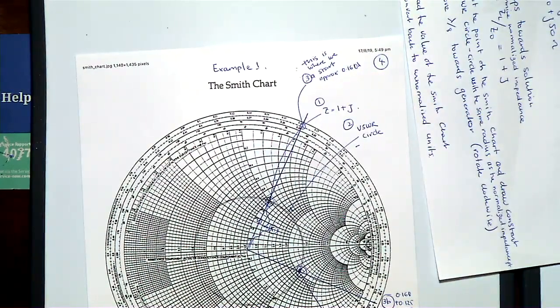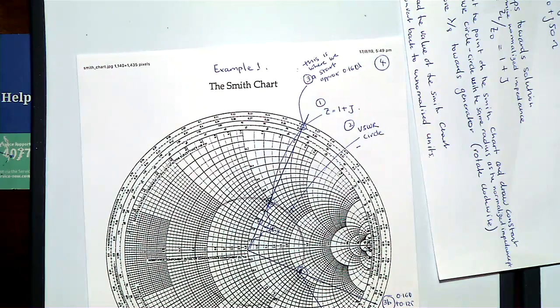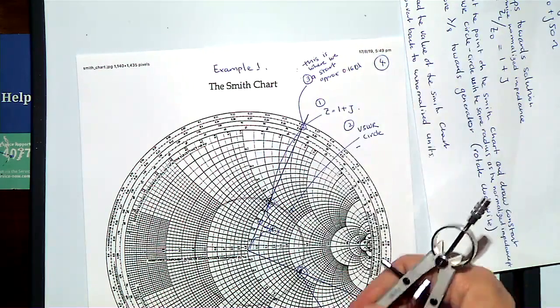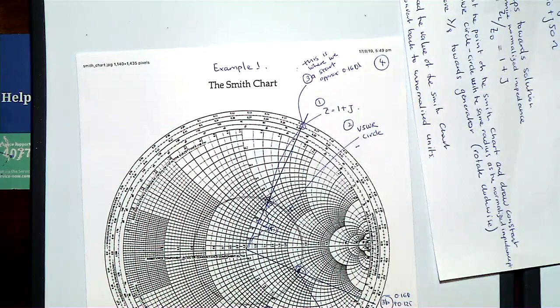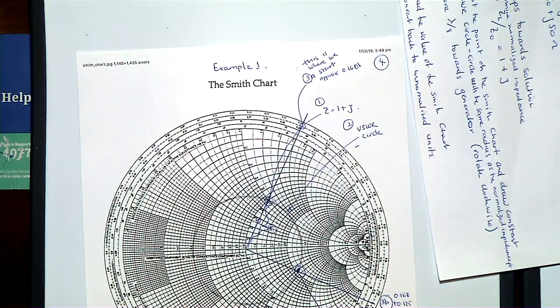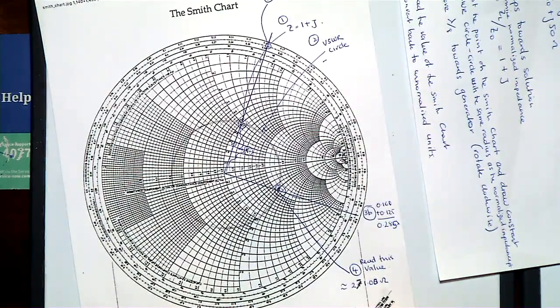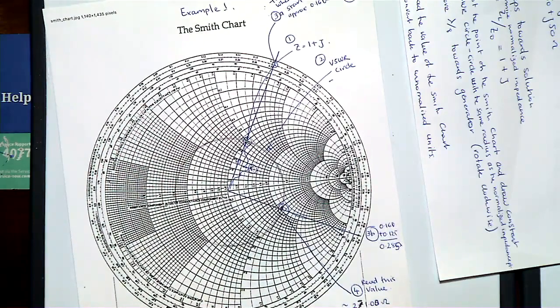So positive, negative J, sorry, I made a mistake, that should be negative J. Therefore your impedance is 100 minus J50 ohms.